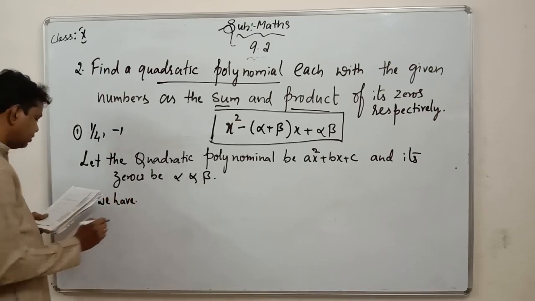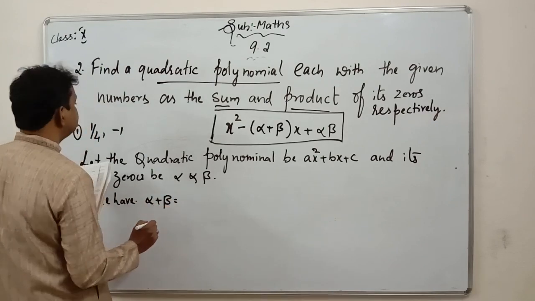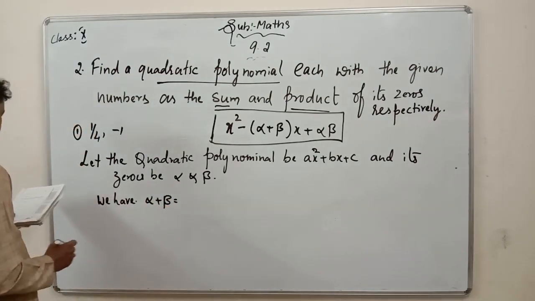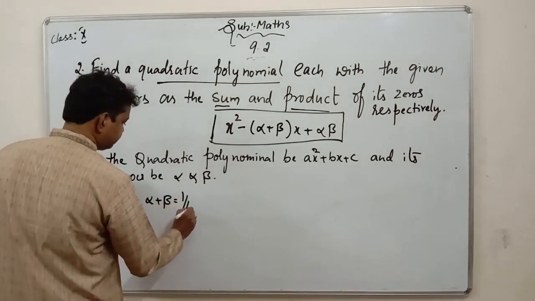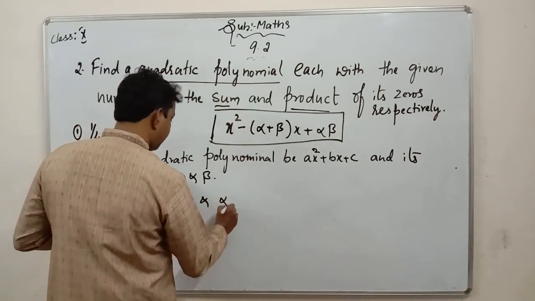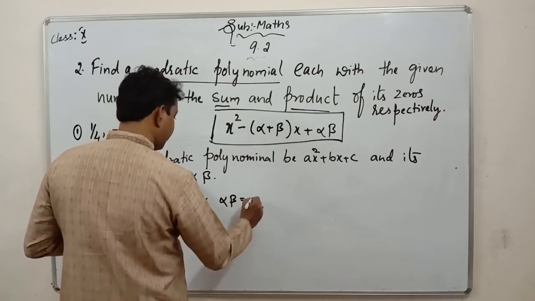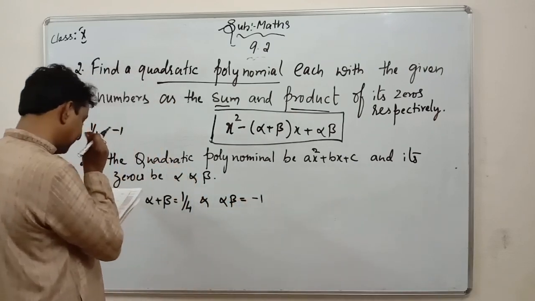what we have, alpha plus beta equals to how much he has given, 1 by 4, and also he has mentioned alpha into beta equals to minus 1. This he has mentioned here.